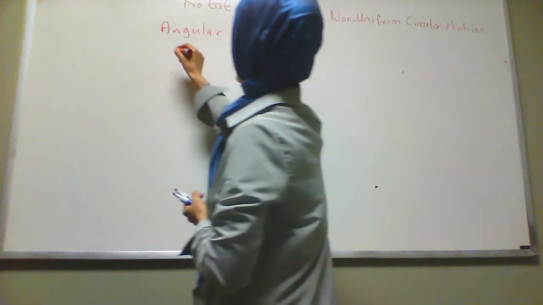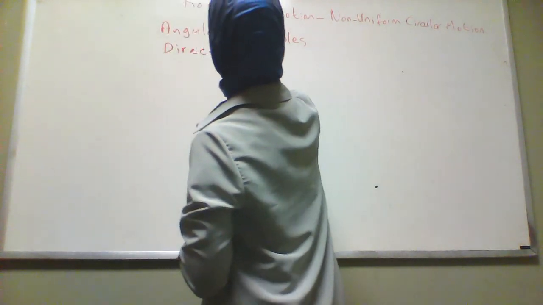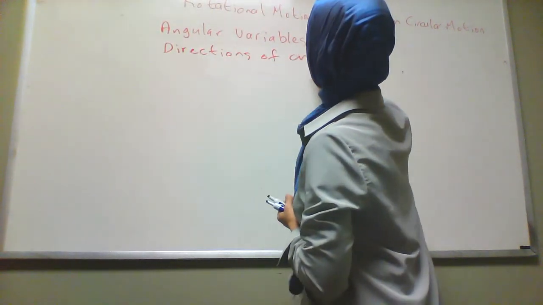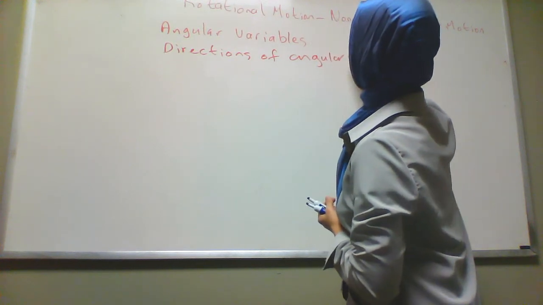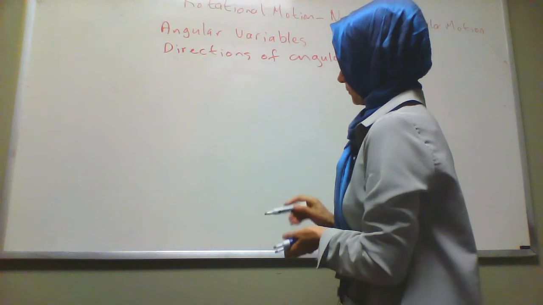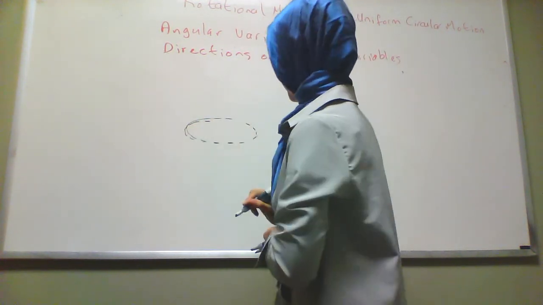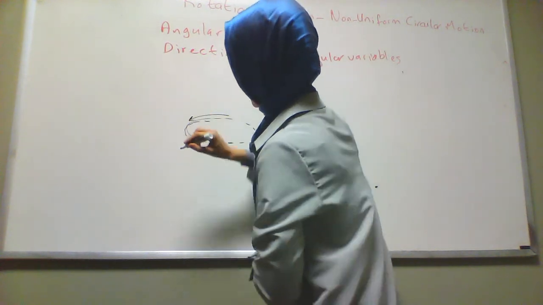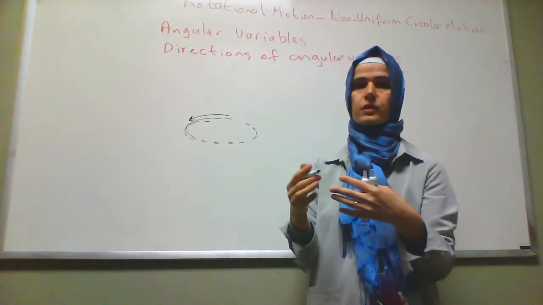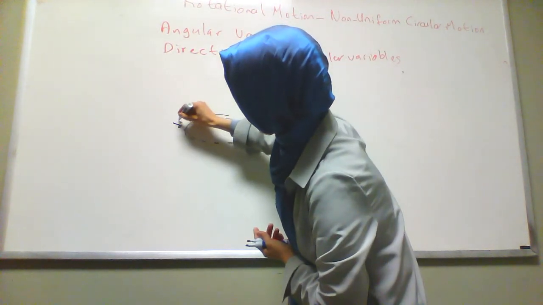So, directions of angular variables. Let's say we have a disk rotating in this direction. What I showed so far in terms of angular velocity was actually showing the direction of motion. So this is the direction of motion.